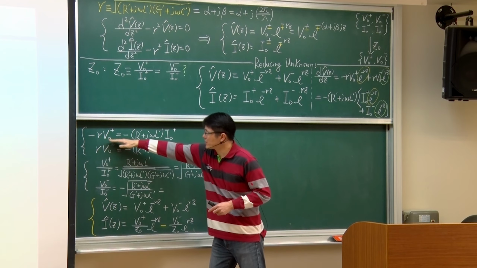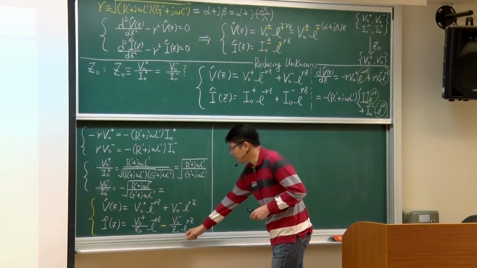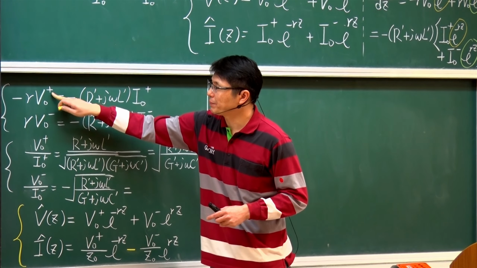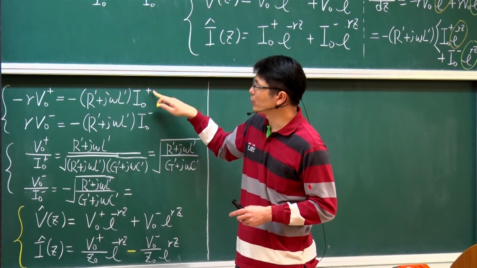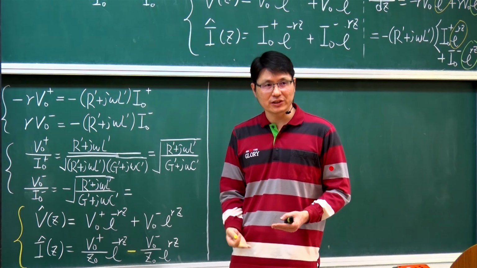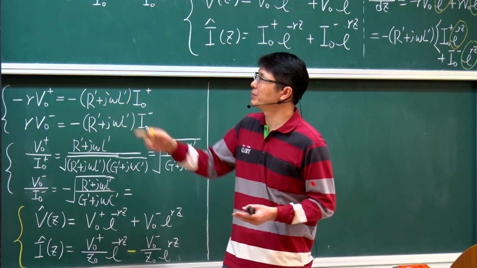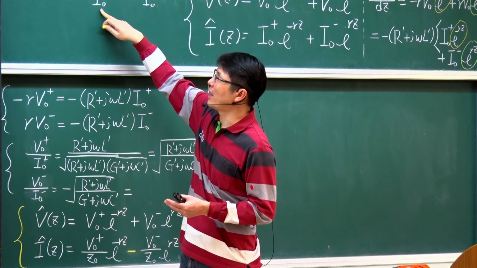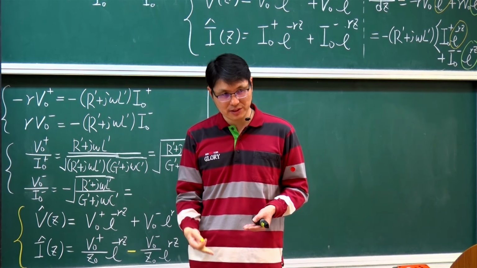From the first equation, I can have V0 plus divided by I0 plus. This is what I intended to define, because V divided by I is your impedance.